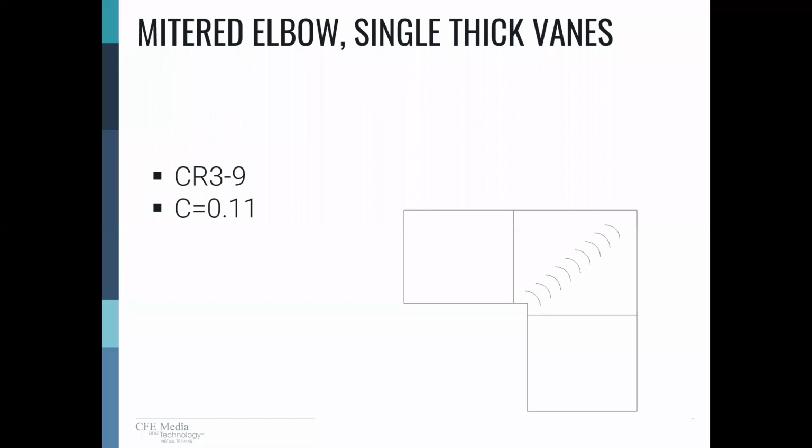And the losses are considerably higher than they are for single thickness vanes. I'm not quite sure why, but anyway, this is design CR3-9 in the ASHRAE guide. And interestingly enough, it has the same C coefficient of losses of 0.11 as the die stamped that we looked at before.